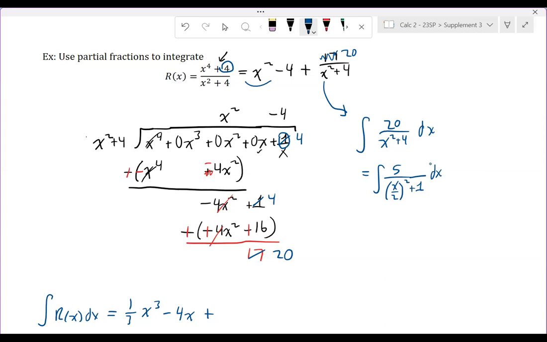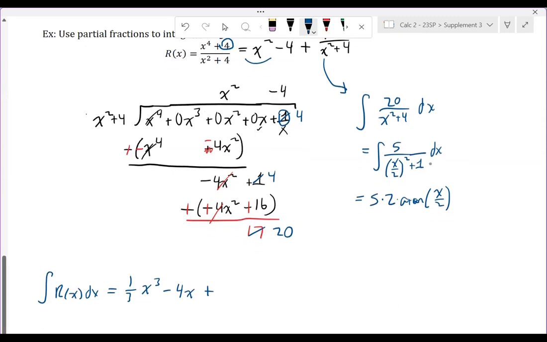And x squared divided by 4 turns into x over 2 all squared. So this is going to look kind of like 5 arctan of x over 2. If I differentiate this, I get 5 over 1 plus x over 2 squared. That's what I want. Chain rule pops out an extra 1/2, so I need a times 2 to counteract that.